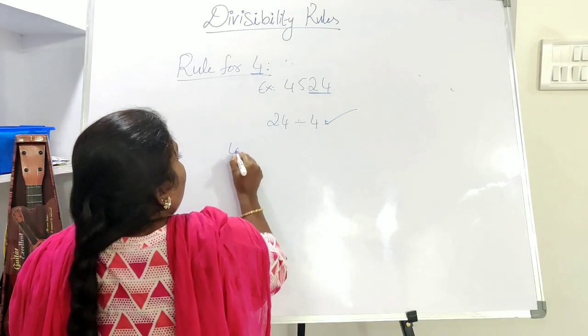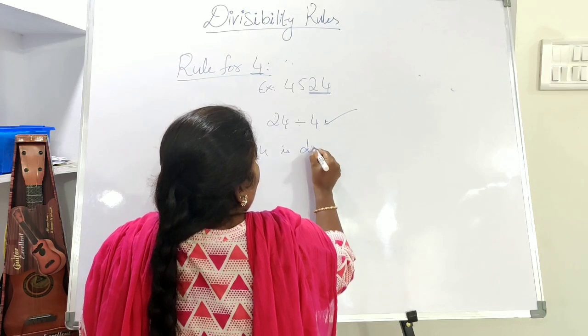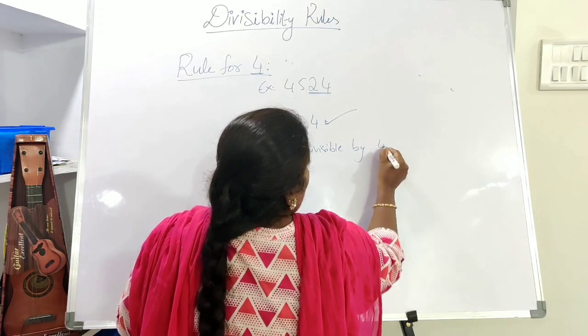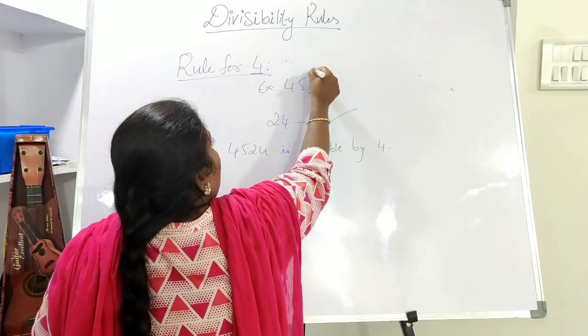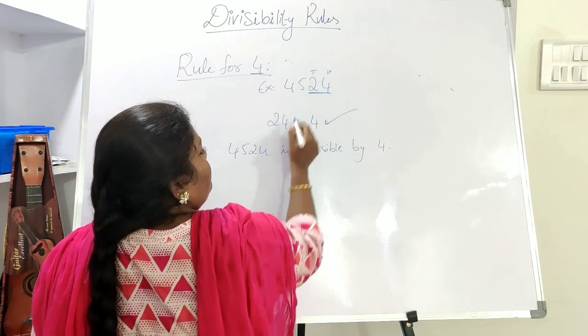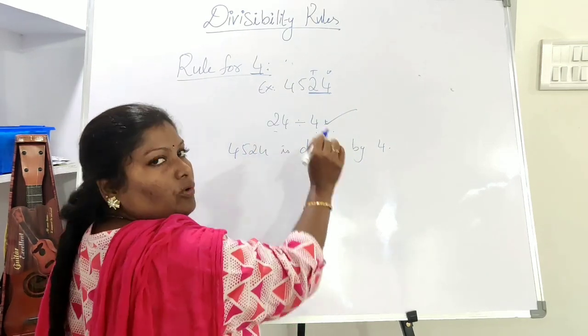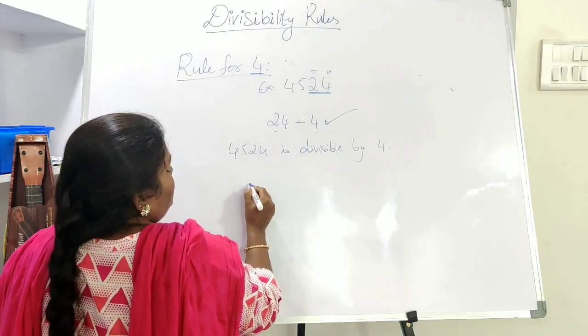So the whole number is divisible by 4. You have to check only the ones digit and the tens digit. If that number is divisible by 4, then the whole number is divisible by 4. So let me take one more example.